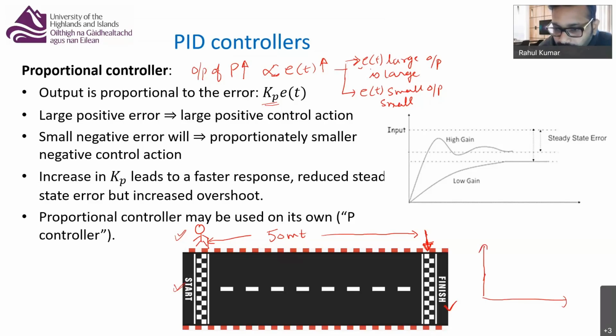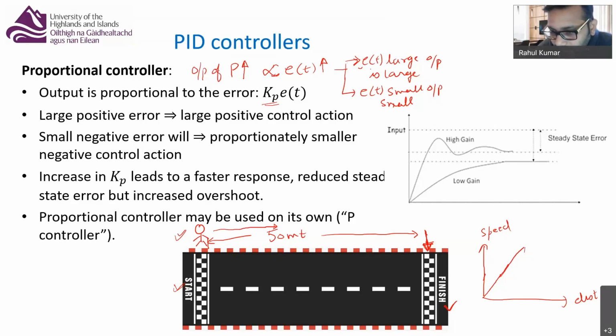The person will start walking, and let's say this is distance, the person's speed should be increasing, right? He or she will walk at a very fast rate to reduce the error.